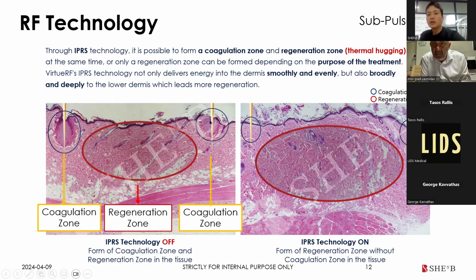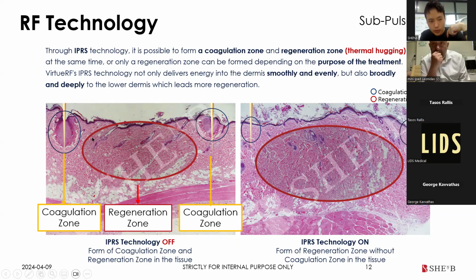Because imagine, if the RF energy is coming out continuously during the same duration, the RF energy will be more gathered close to the needle, more strong around the needle. That is why a coagulation zone is generated close to the needle.